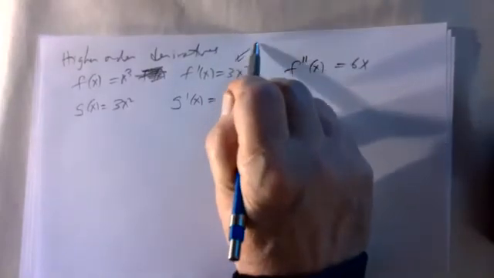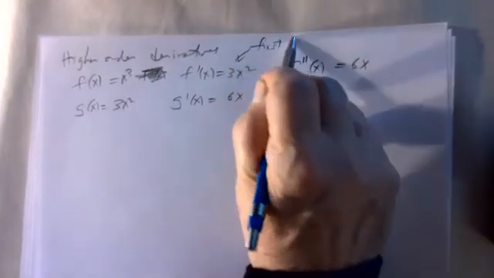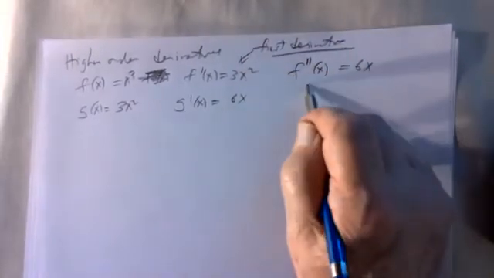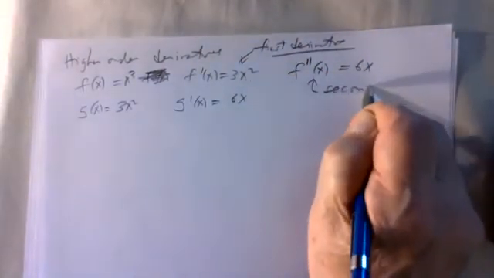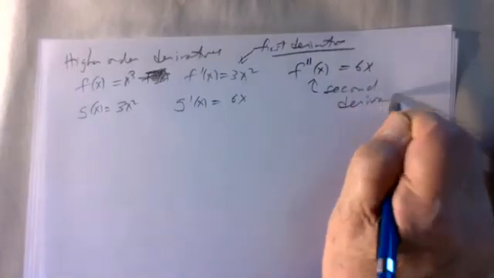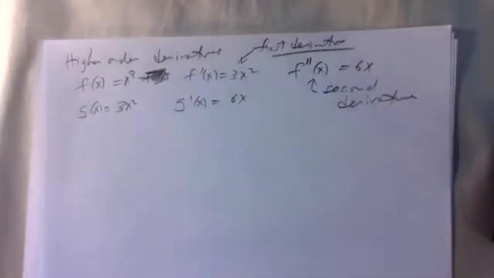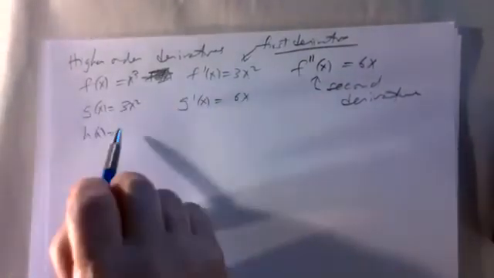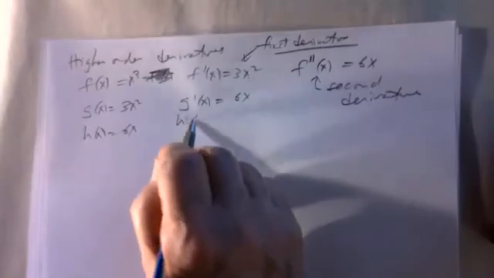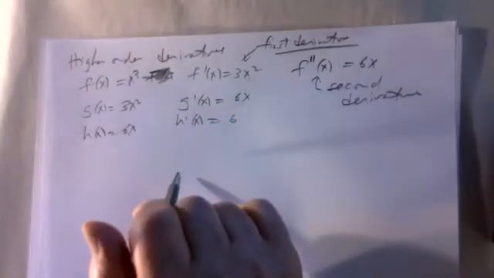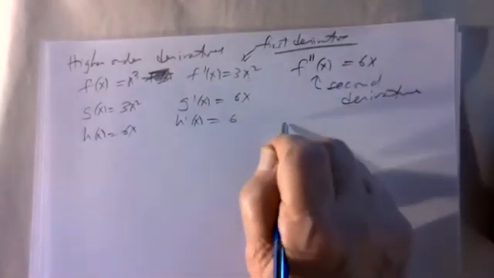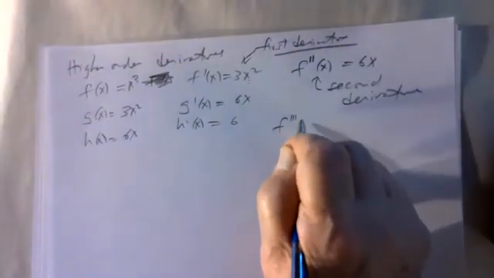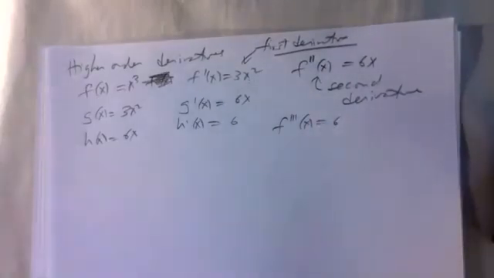So we can call this the first derivative, and this is the second derivative. And if I let h of x be 6x, if I differentiate that, I get 6. You can also say if you take this function f of x and differentiate it 3 times, you get 6.